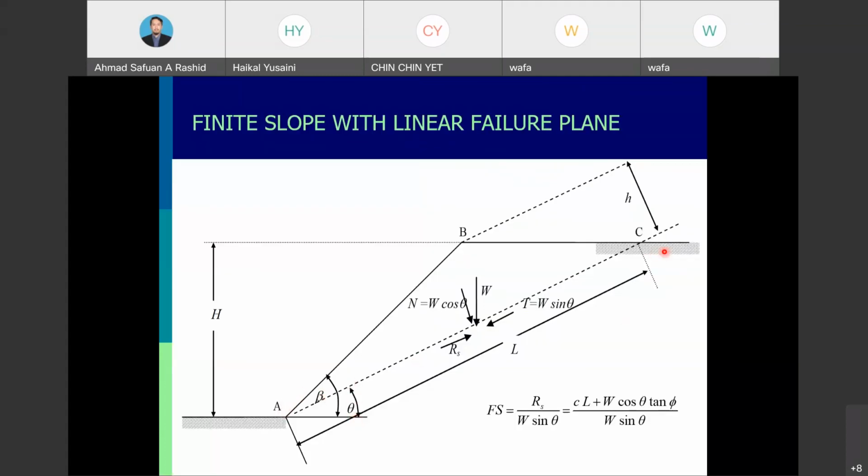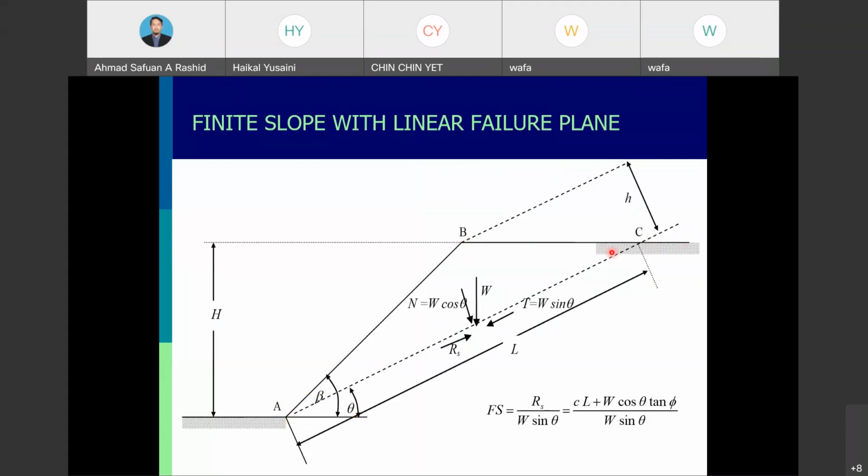AC is the potential failure plane. So we need to identify the weight of this block, which is an irregular triangular shape, because it is not a normal triangle.